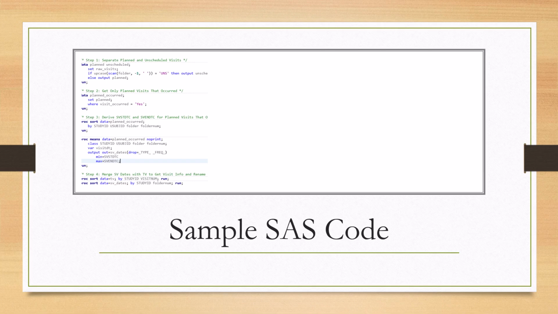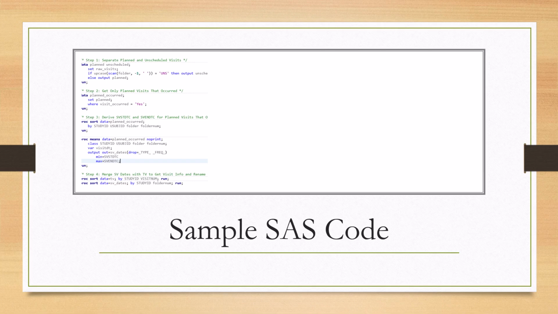If you have this type of raw dataset in your study, you can use that. But if you do not have that dataset, you will need to club all the date information coming from the different domains in your study and create intermediate datasets similar to raw underscore visits here. After that, you can go through the remaining steps to generate the SV dataset.